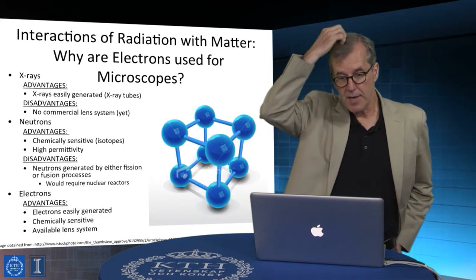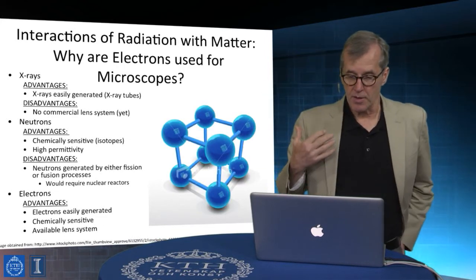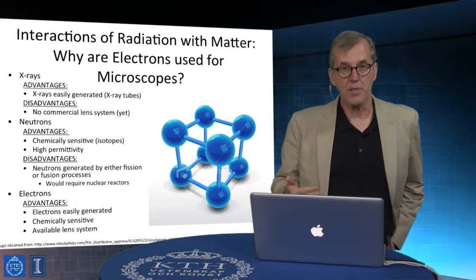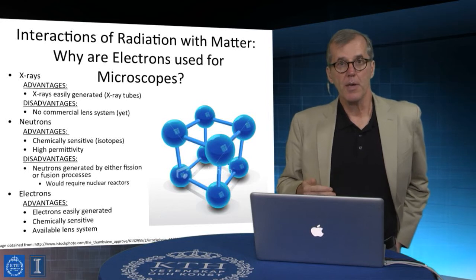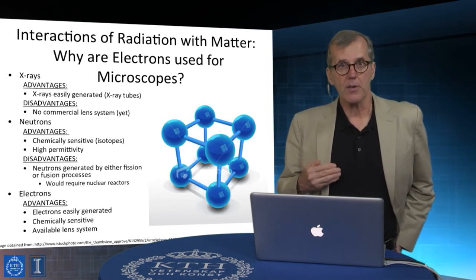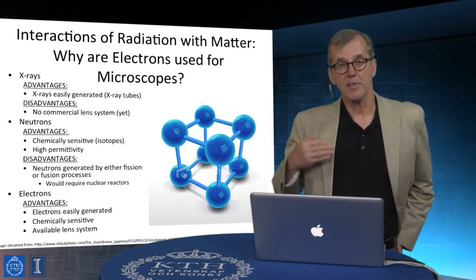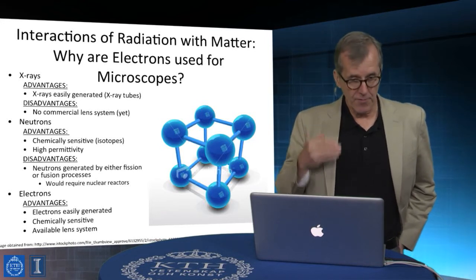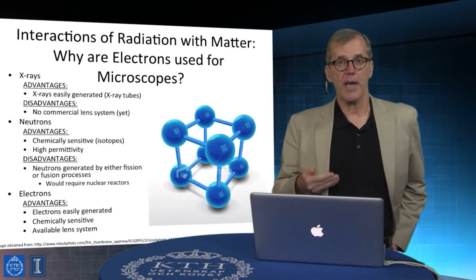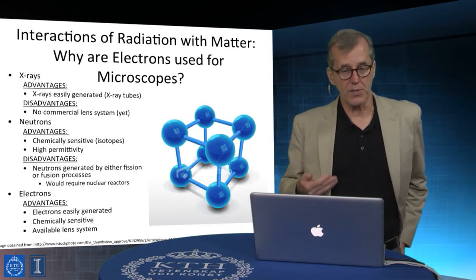Now, I've been saying in the last few slides that we're going to be speaking about transmission electron microscopy, and it differs from scanning electron microscopy as discussed yesterday in that we're not looking for the information content of electrons that scatter back off of the surface of a sample.